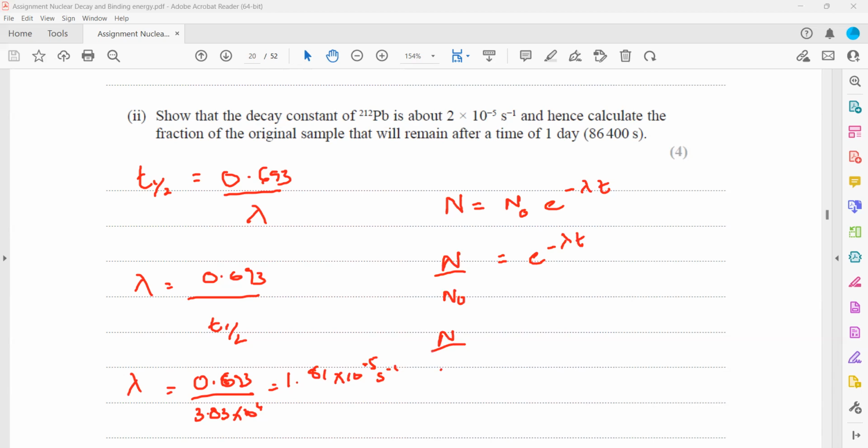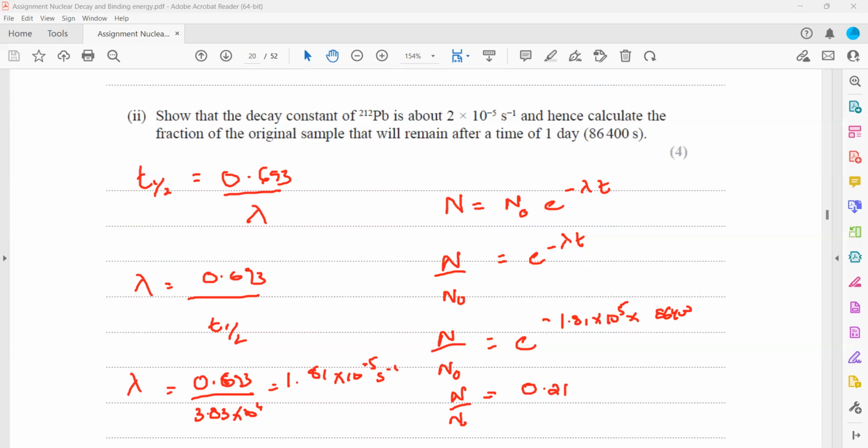Lambda is 1.81 × 10^-5. Because this is in second inverse, the time should be in seconds. If it were in minute inverse, the time should be in minutes, and if in hour inverse, in hours. So t is 86,400.